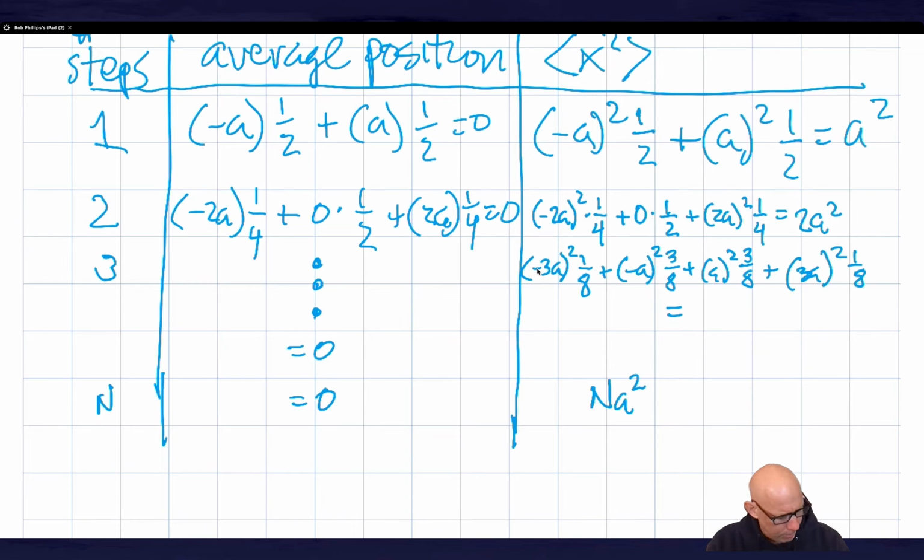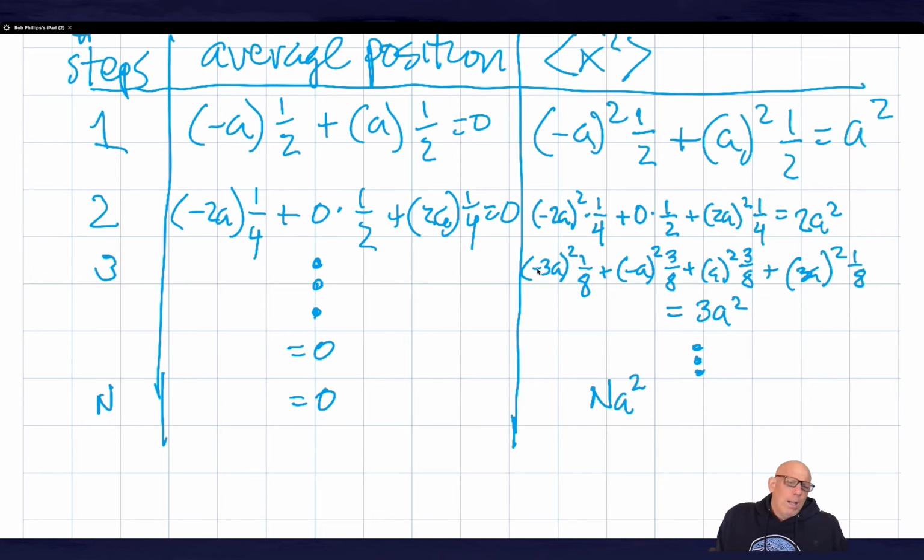And that gives me, well, 3 squared is 9, so I have 2 of those, that's 18, and then plus 6, that's 24 divided by 8, so this gives me 3a squared.